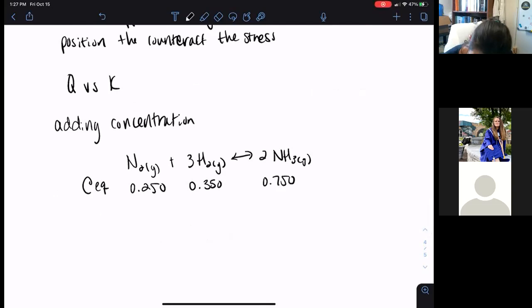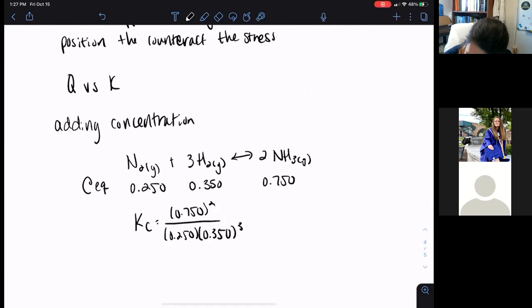So we could solve for our Kc by taking 0.750, squaring it, dividing it by 0.250, and then 0.350 cubed.